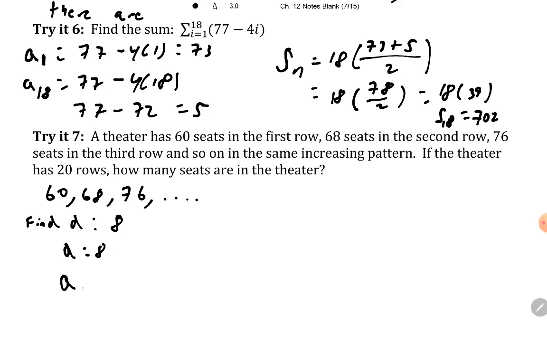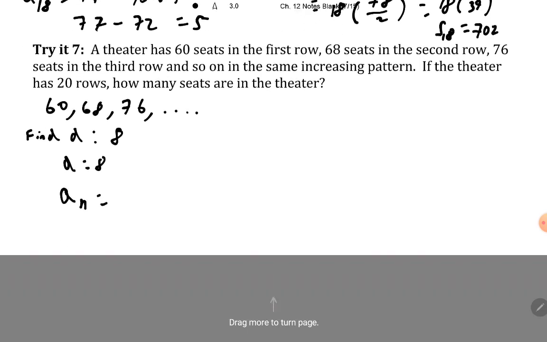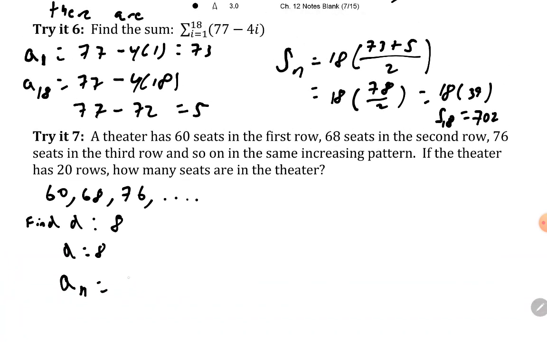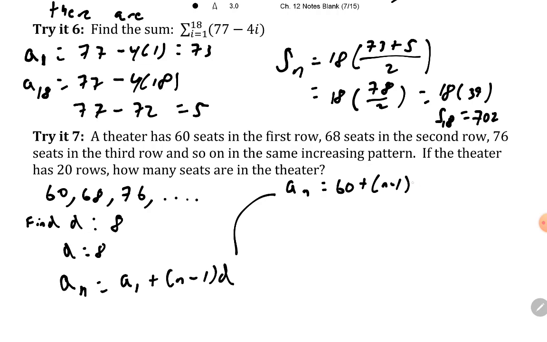Okay, now we're going to write a rule. We have a sub n equals a sub 1 plus n minus 1 times d. That'll give us a sub 1, which is 60, plus n minus 1 times d, which is 8. So my rule is 60 plus 8n minus 8, which is 8n plus 52.